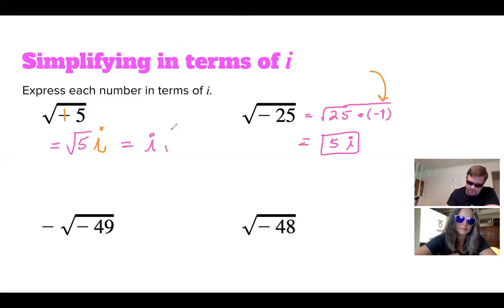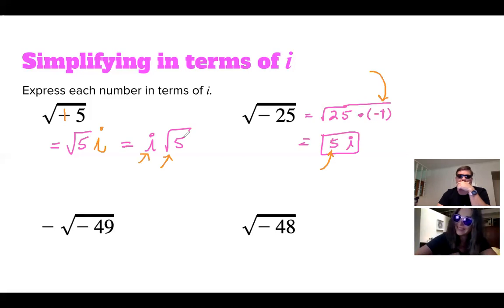Which one's right? So this is where math gets stupid, right? If the number doesn't have a radical over it, like 5, then we would normally write the number and then the i. But if the number has a square root on it, like the square root of 5, then i comes first.